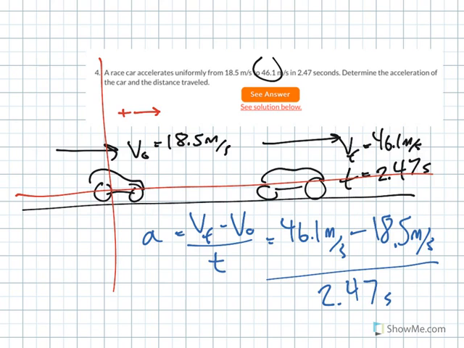So you do the math here, and if you do the math carefully, let's see, what did I get earlier? 11.17 meters per second squared for acceleration. We'll just say 11.2 meters per second squared, rounded off.